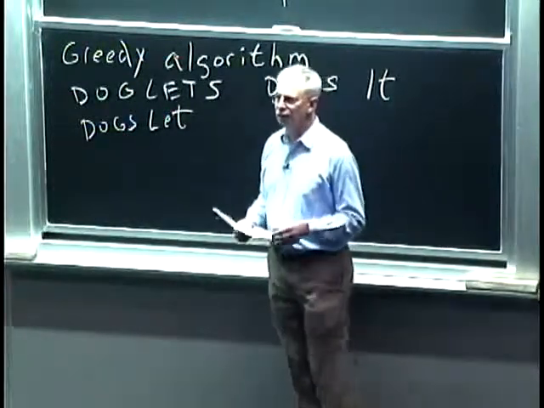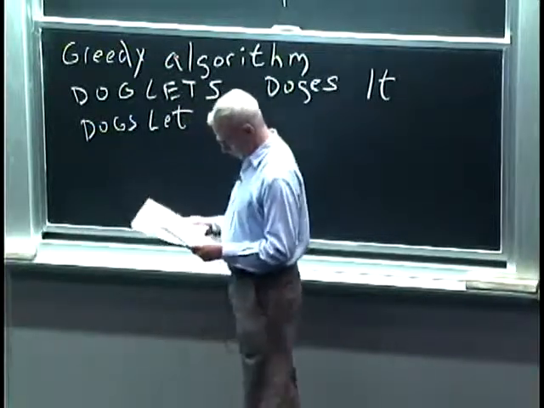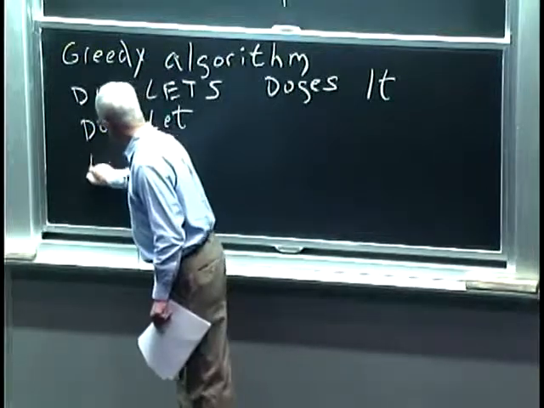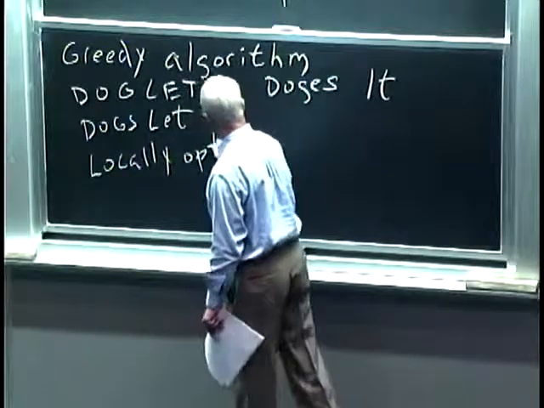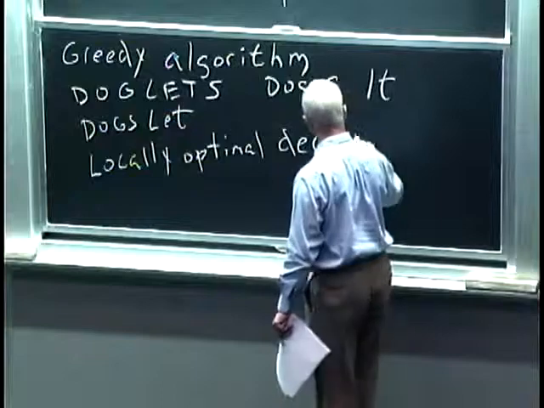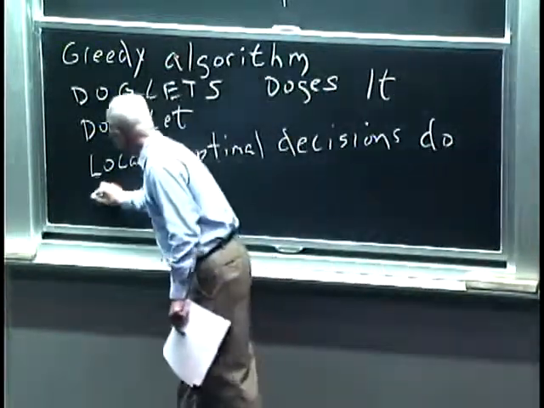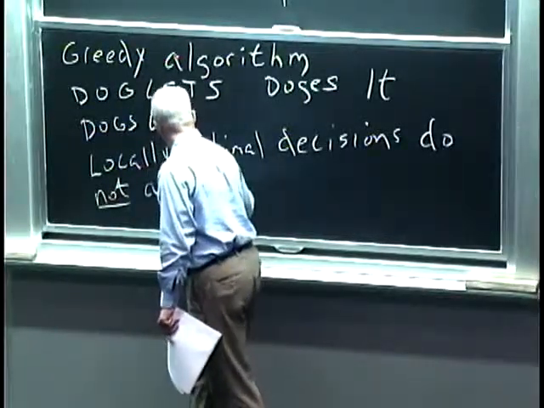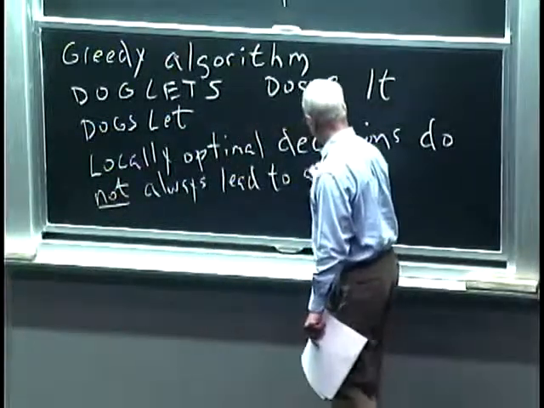So what we see here is an example of something very important and quite general, which is that locally optimal decisions do not always lead to a global optimum.